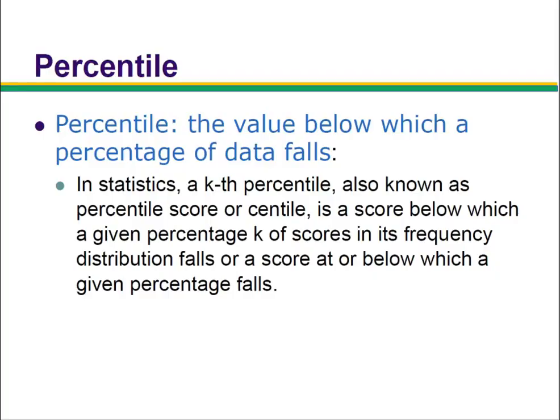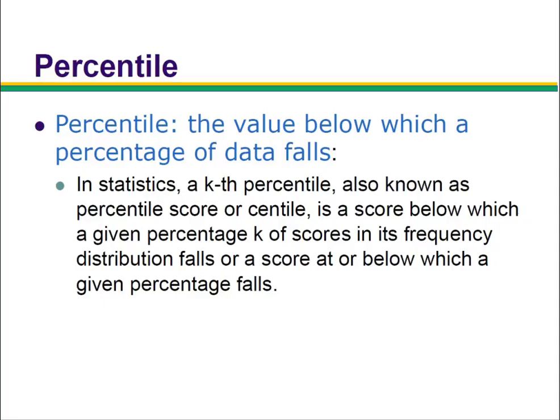Next, we have percentiles. A percentile is the value below which a percentage of data falls. For example, if you're at the 80th percentile on the SAT, this means that 80% of test takers scored lower than you.